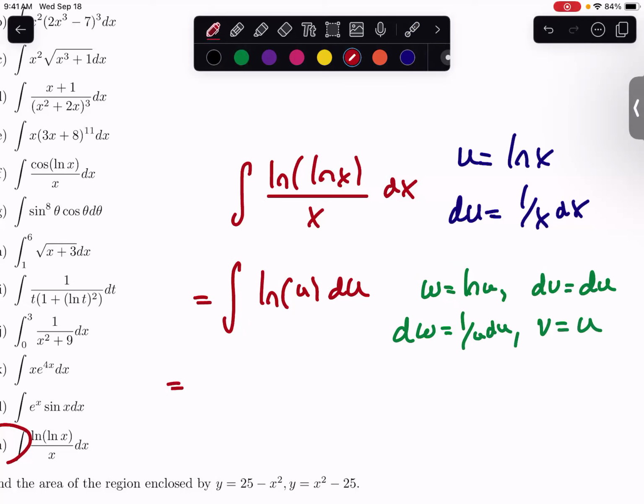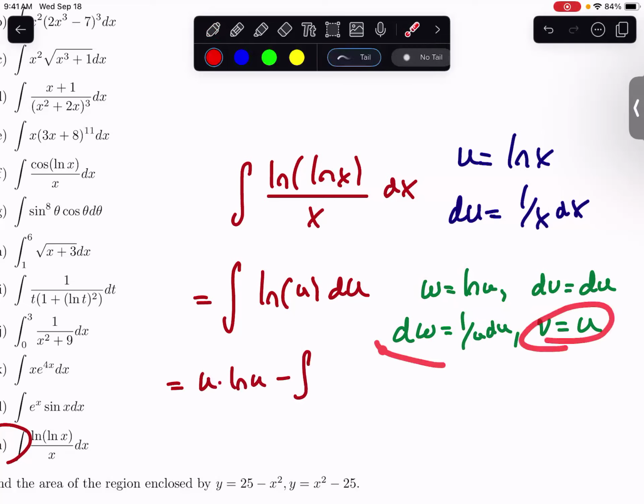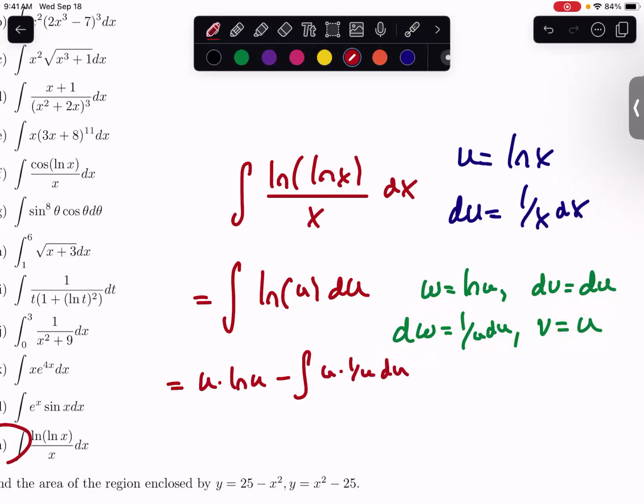So this is going to be equal to u times w, so u times the natural log of u, minus the integral of v times dw. v is equal to u, dw is equal to 1 over u du, so you get u times 1 over u du. These terms cancel out with one another.